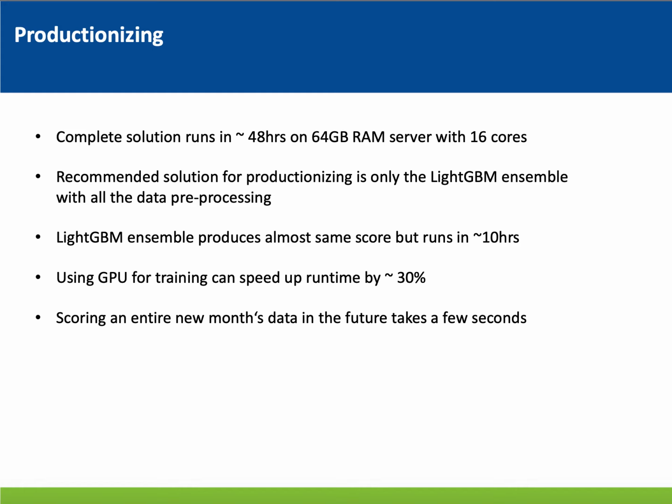The primary reason for this is because the LightGBM ensemble runs in about 10 hours only, which is about 1/4 the time, and it gives almost the same score. It is only marginally worse. Also, by using a GPU, the training time for a model can be reduced by about 30%. So we estimate that if it is run on GPUs, it can run in about 7 to 8 hours.